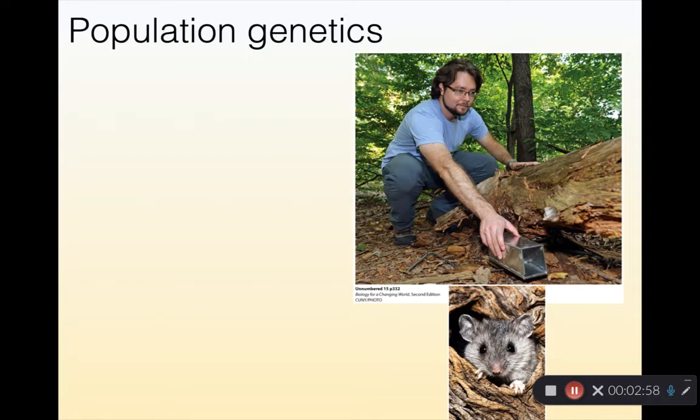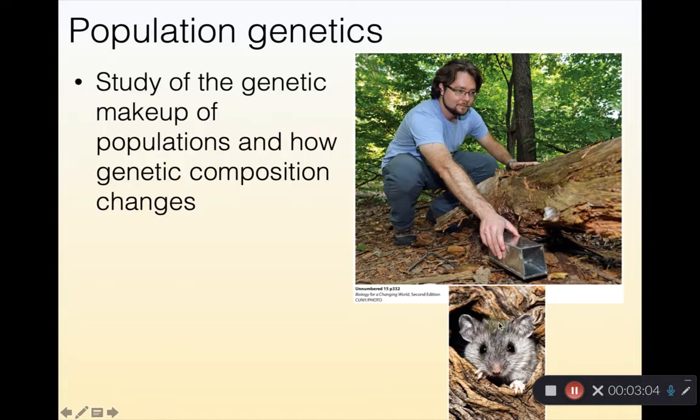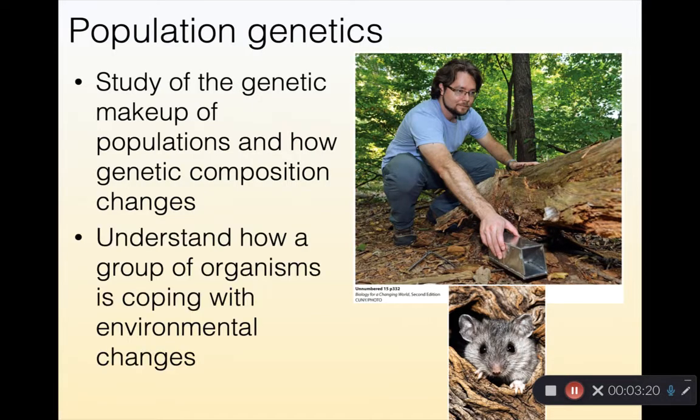So again, in your book, we're given this great example of ecologists looking at mice throughout New York City, and ultimately, that's what we're starting to look at when we're thinking about population genetics. We're understanding the study and genetic makeup of populations, and how those compositions might lead to changes.